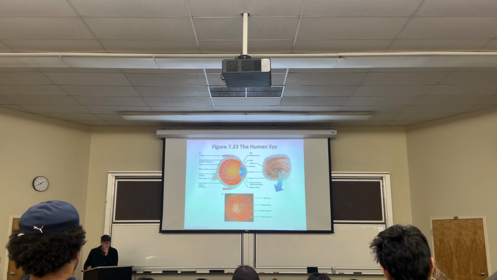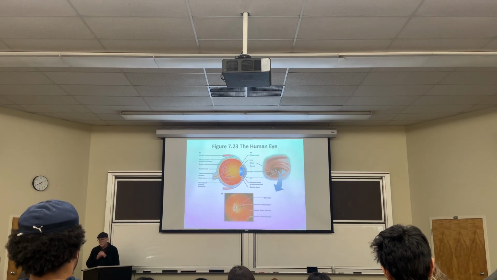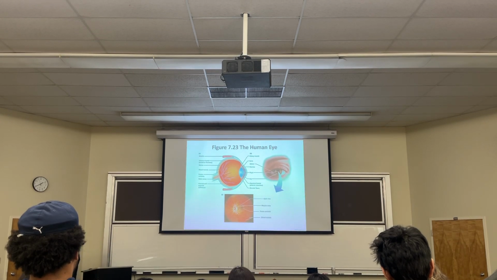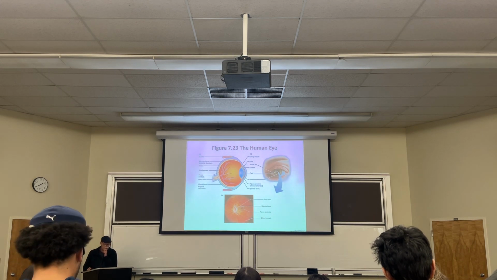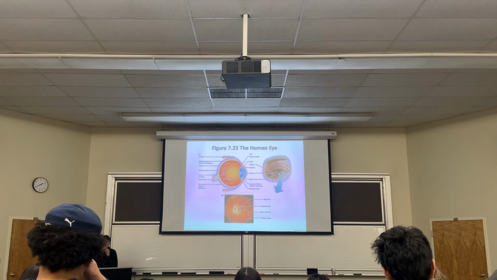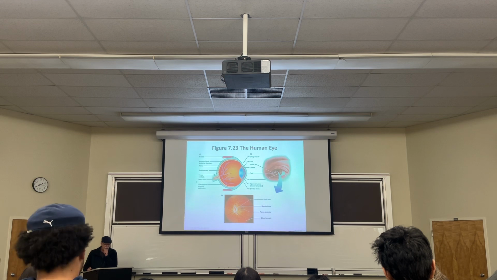This allows the lens to change its shape. It can become more convex or more flat. The lens, by being able to change its shape, can change the refraction of the light, the bending of the light, so that you can look at faraway objects or near objects in a process called accommodation.